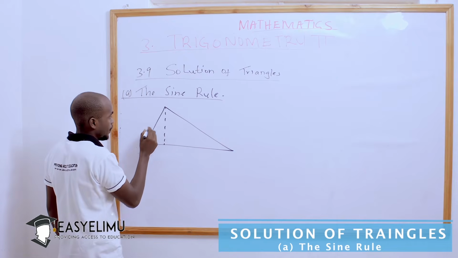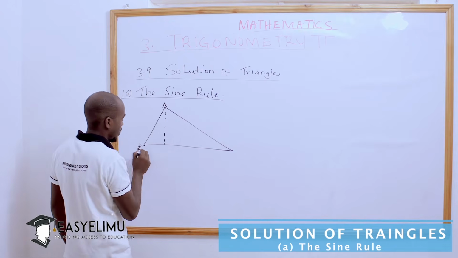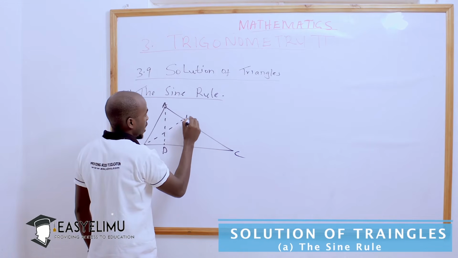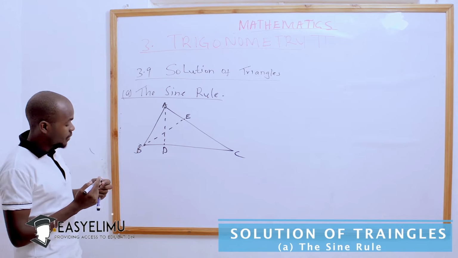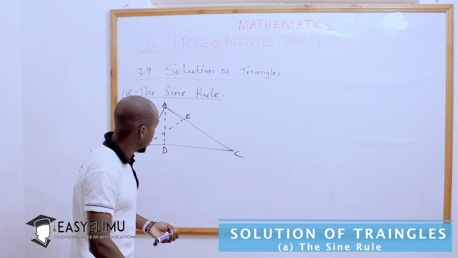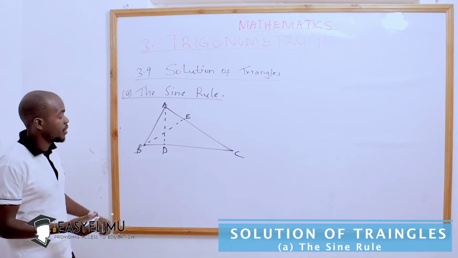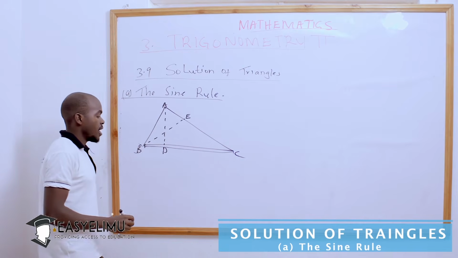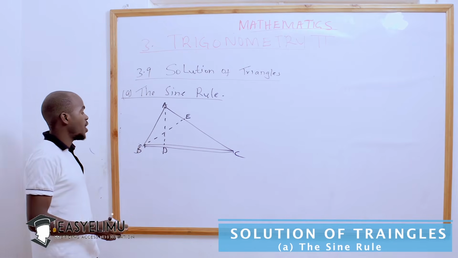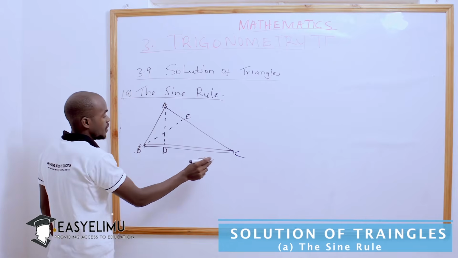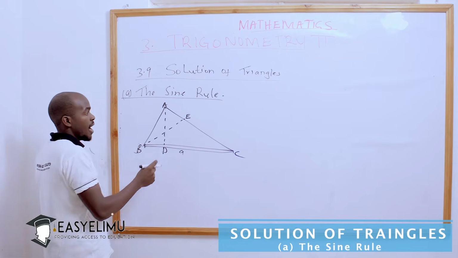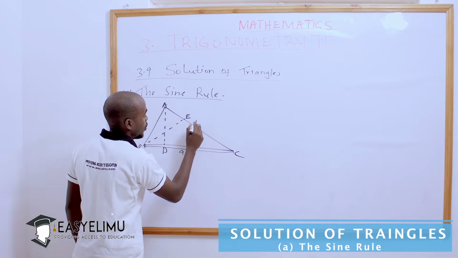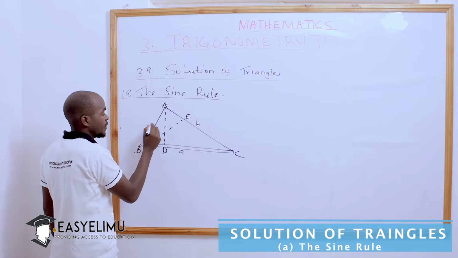We have A, B, C with this extrapolation as D, and this one touching here as E. As we have done earlier, we can give sides to each of them: side BC becomes small a, the side opposite B, which is AC, will be small b, and the other one will be c.